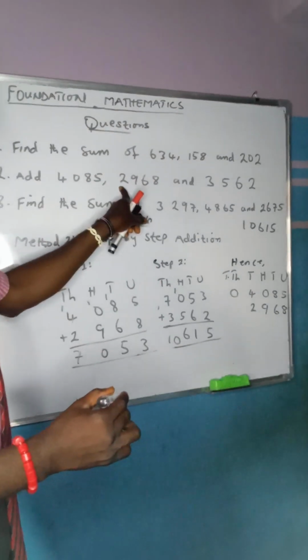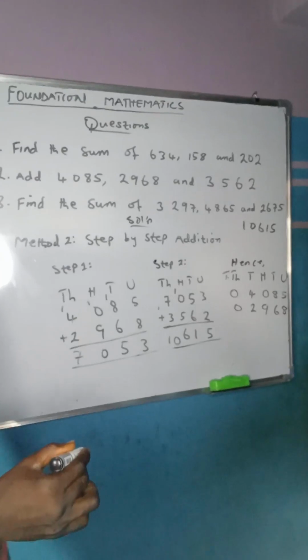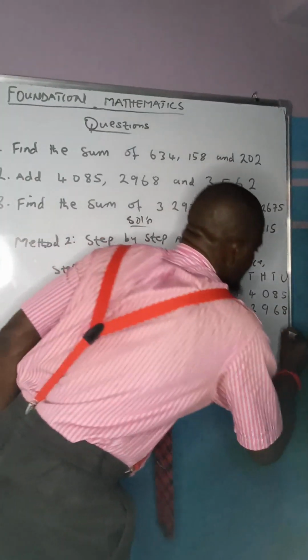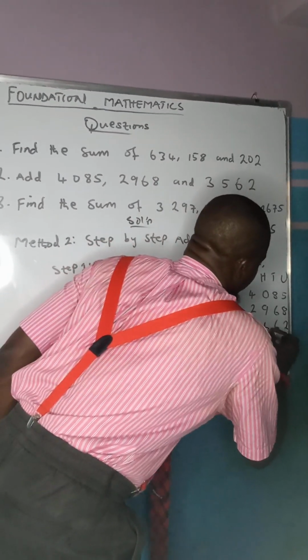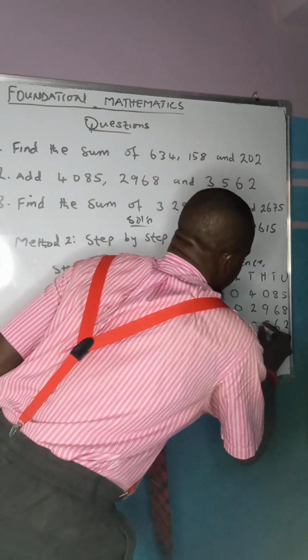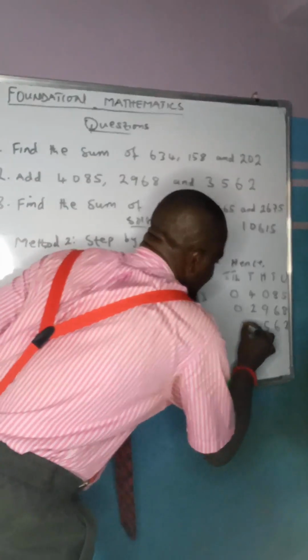It's not a 5-digit number. So I'll write 0. The third number is what? From the unit, 2, 6, 5, 3. It's not a 5-digit number, so I'll write 0.